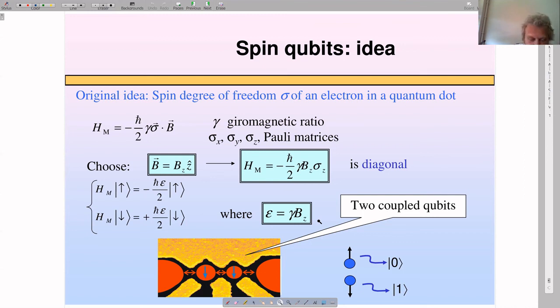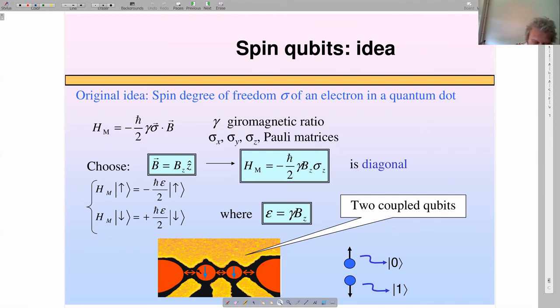What do we have to do for this? First of all, one needs to isolate electrons, right? If you talk to many electrons or so many spins, you just cannot see anything. A convenient way to isolate spins is, of course, quantum dots.